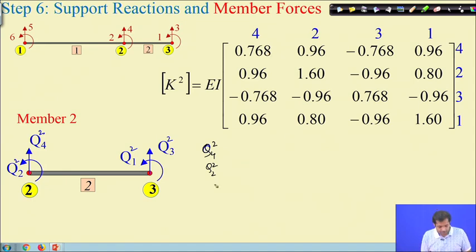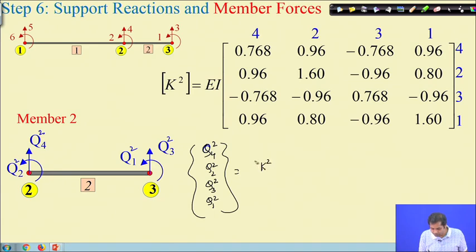So, it will have the contribution from displacement plus the contribution from the fixed end action. The displacement contribution will be K2 times U4, U2, U3 and then U1.